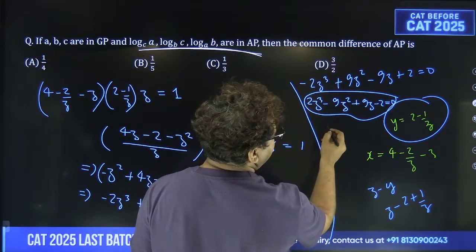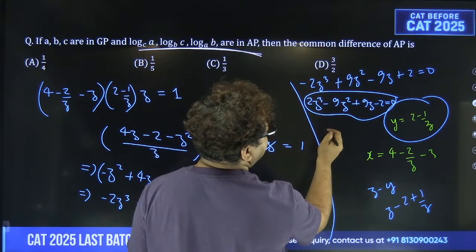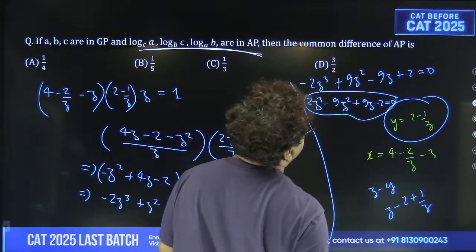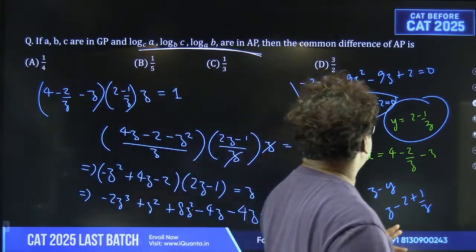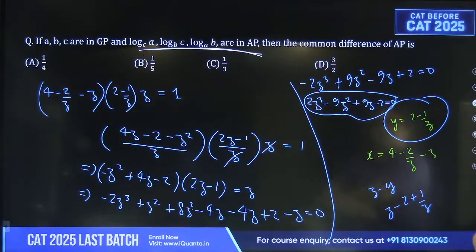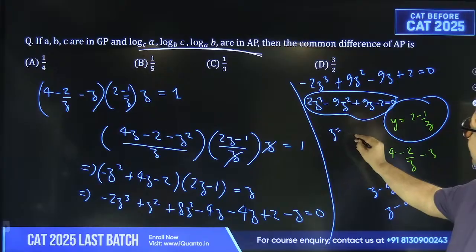So can I do something here? To solve quickly, I can find the value of z, or I can take z common here. If I look at the coefficients, the sum of coefficients is 0, that means the value of z should be equal to 1.